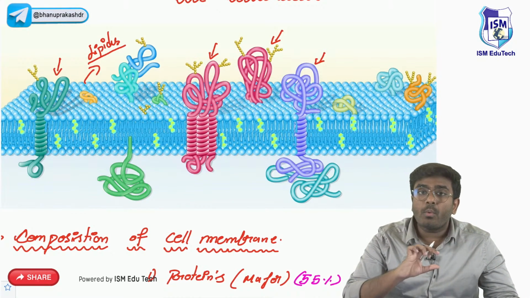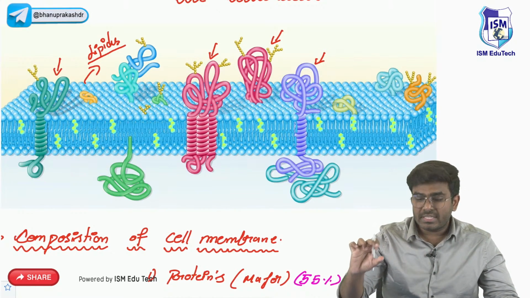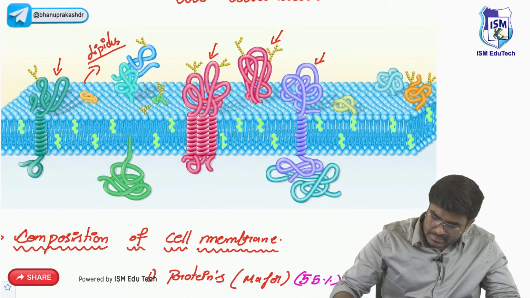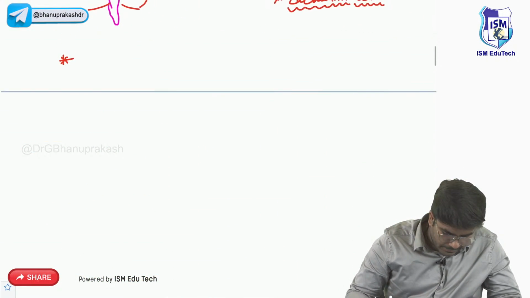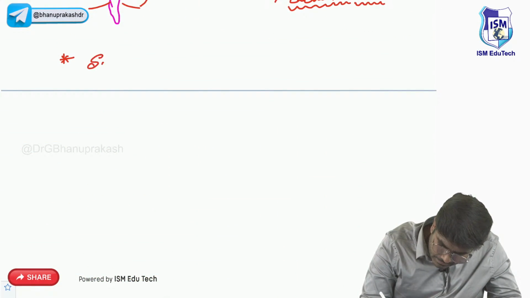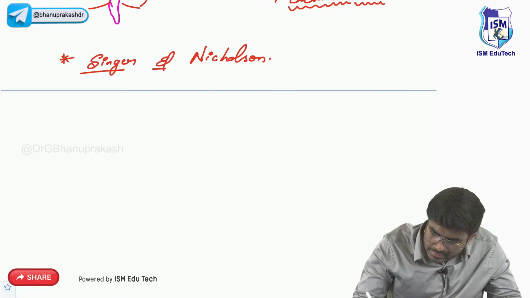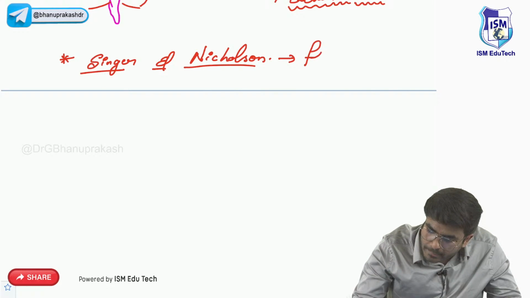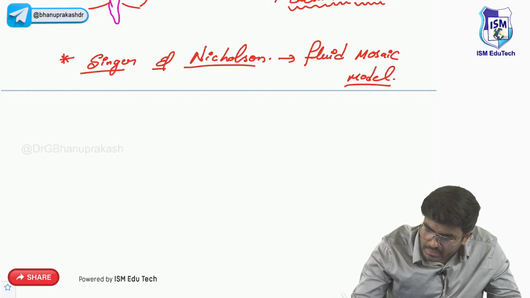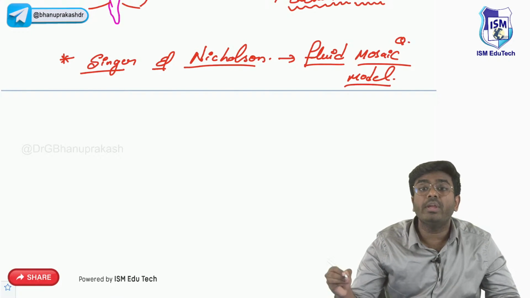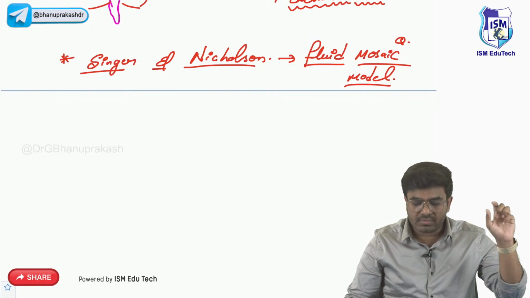This model which I am showing you was proposed by Singer and Nicholson. The name of this model is the fluid mosaic model. Now, what exactly is this fluid mosaic model?